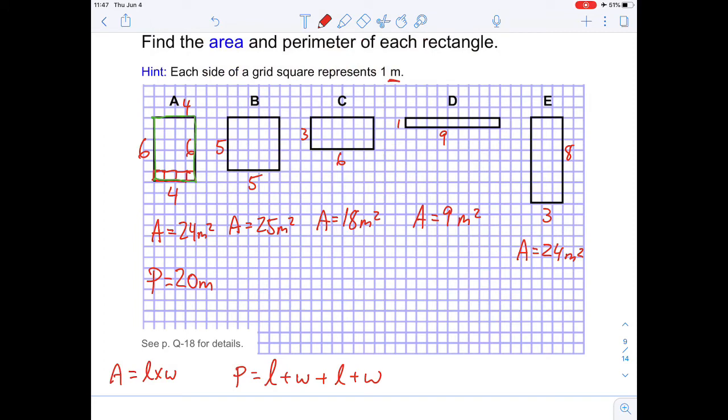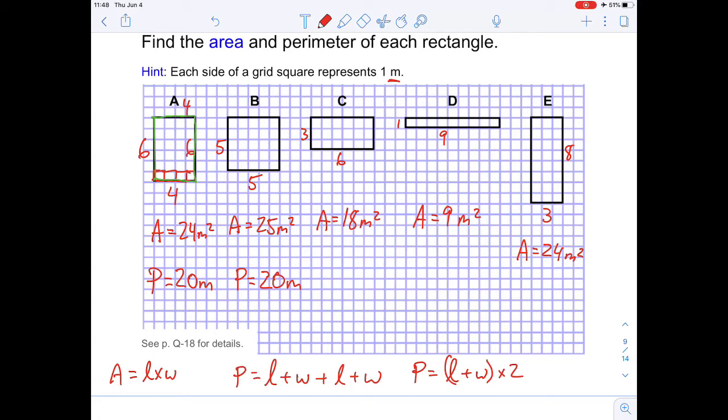So 5 plus 5 plus 5 plus 5, which is basically 5 times 4, is equal to 20 meters as well. Another way to do perimeter would be to do one length plus width, and then you just multiply that by 2.